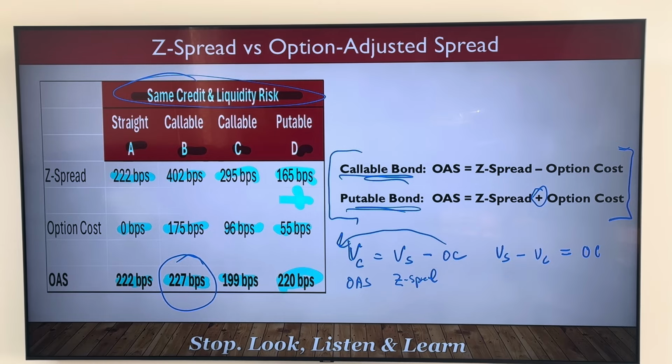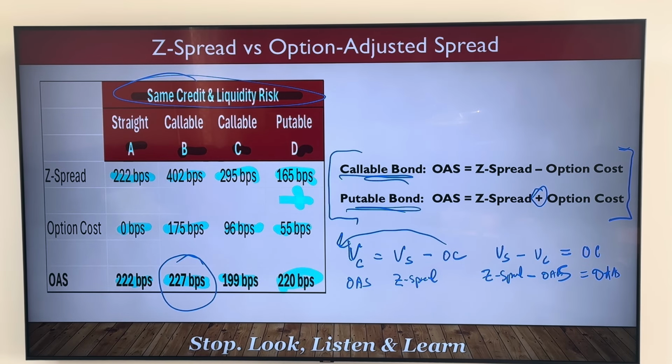Now, the value of the straight bond is the Z spread, and with respect to the callable bond, you got the OAS. And so again, you see taking the Z spread and subtracting the OAS gives you the option cost.